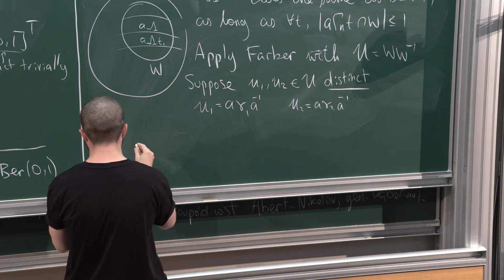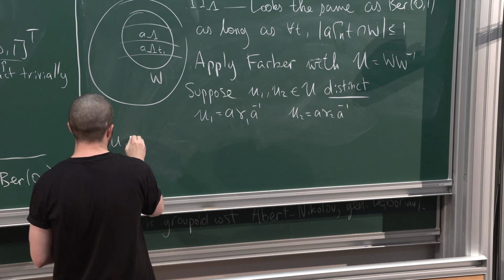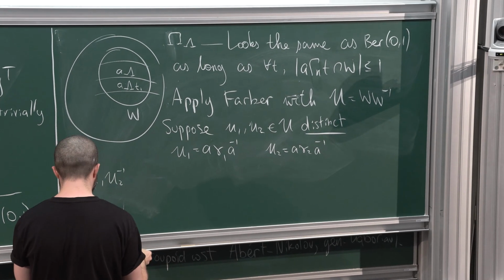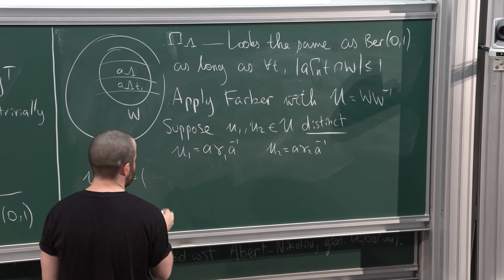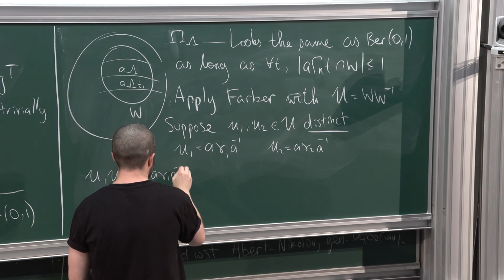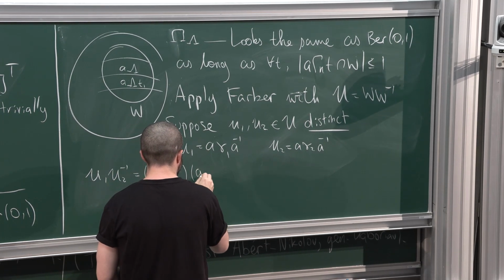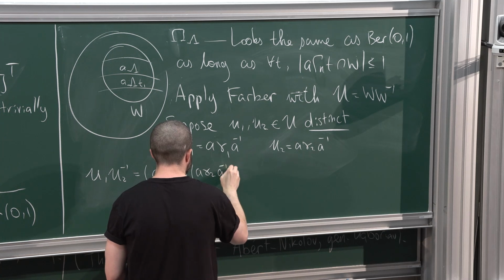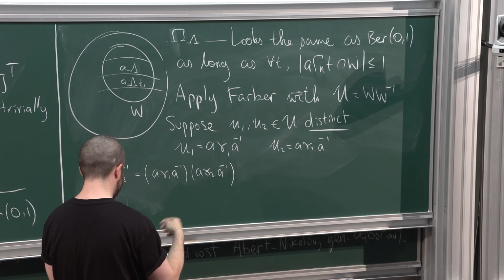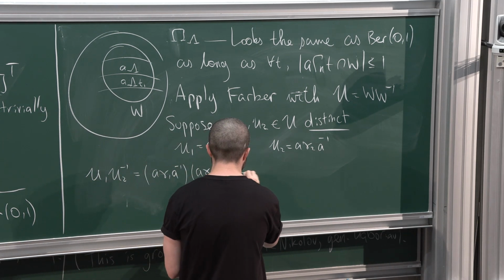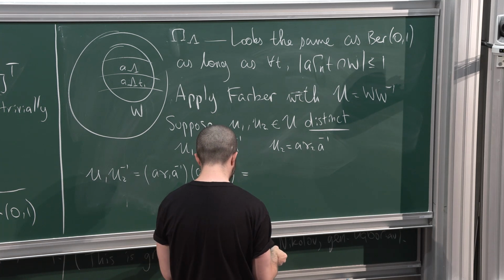And now I do a very sophisticated multiplication. Let's check what u1 u2 inverse looks like. And so you get some kind of cancellation. What do we get?